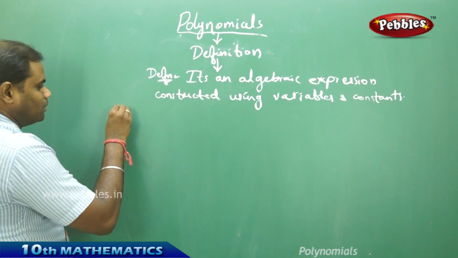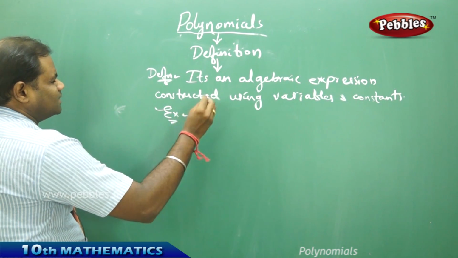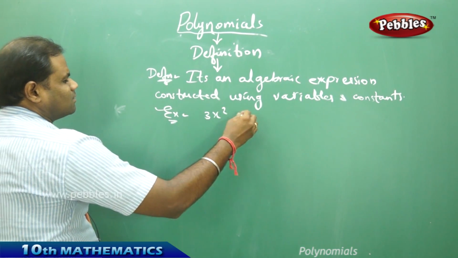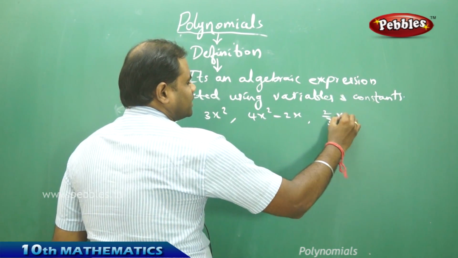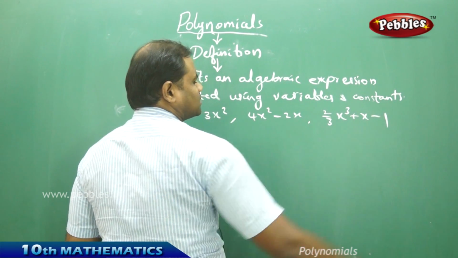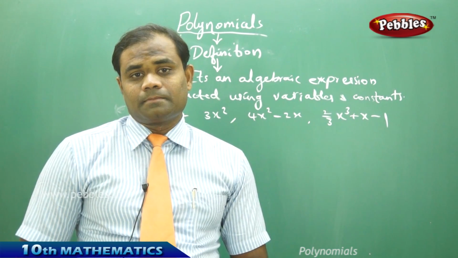For example, 3x squared, 4x squared minus 2x plus 2, and 3x cubed plus x minus 1 are all examples of polynomials.